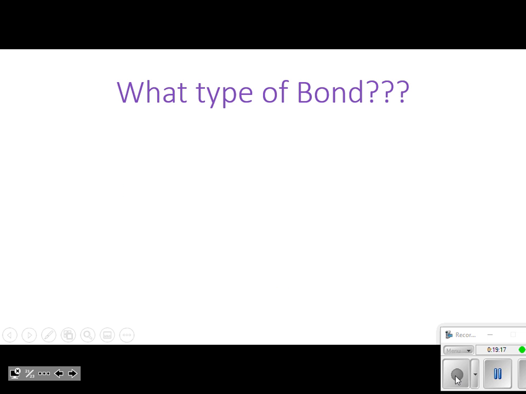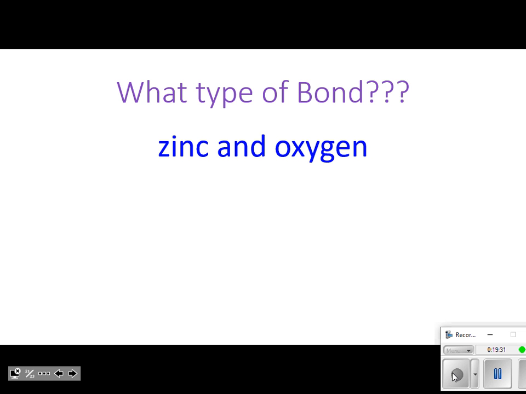What type of bond, ladies and gentlemen, between zinc and oxygen? What type of bond? Oxygen, 3.44 electronegativity.